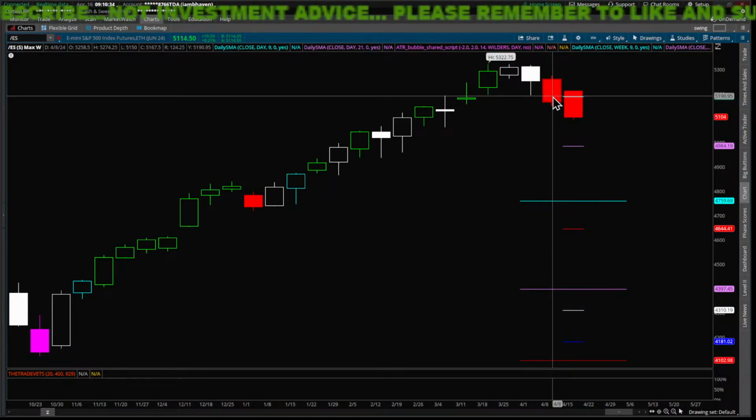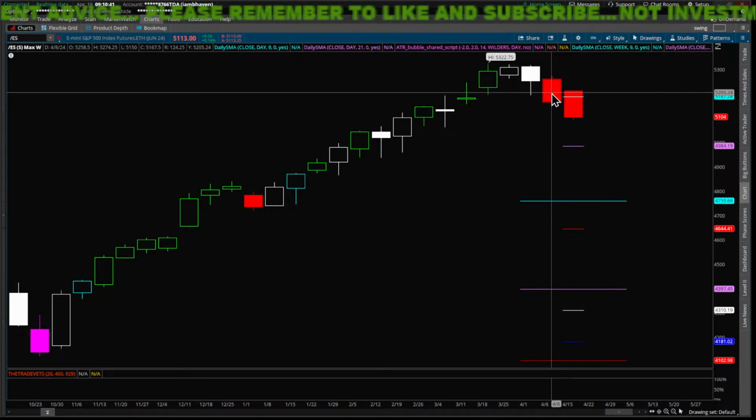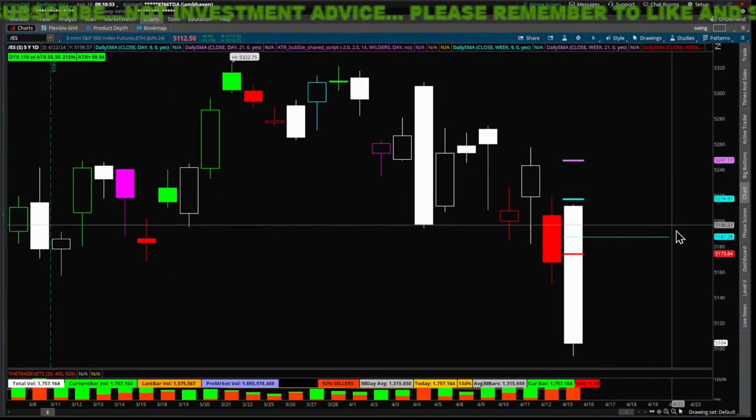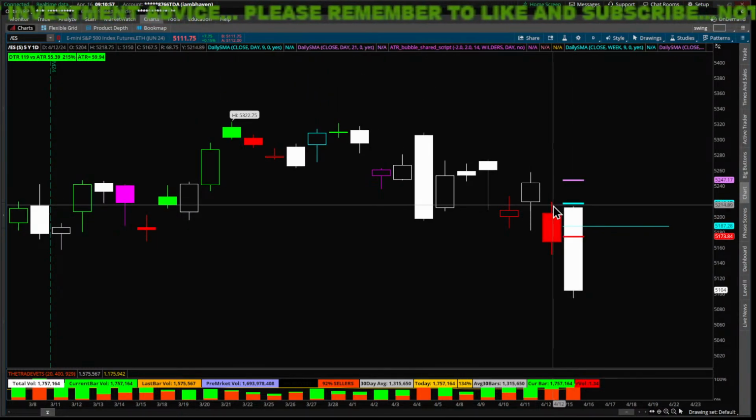So 5150 and 5165 half should be levels that you have added on your chart to make sure that you know if we get near them, you're going to be bringing in some longer time frame traders.